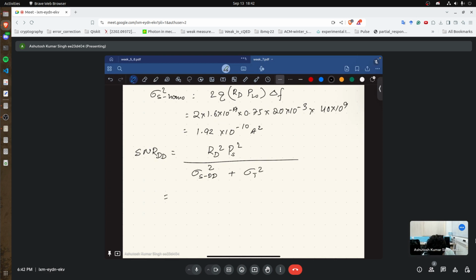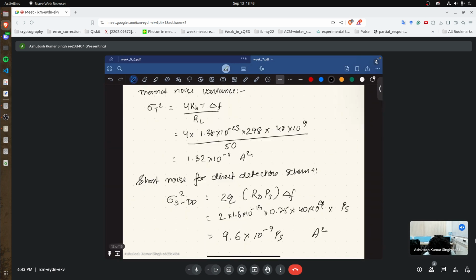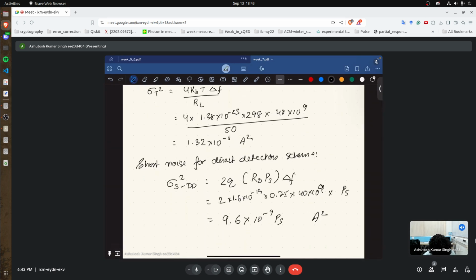So if I substitute the numbers here and if I trust my calculations from the notebook, let me just do it again. The direct detection scheme shot noise is 9.6 times 10 raised to the power minus 9.